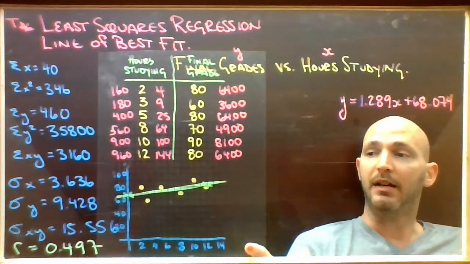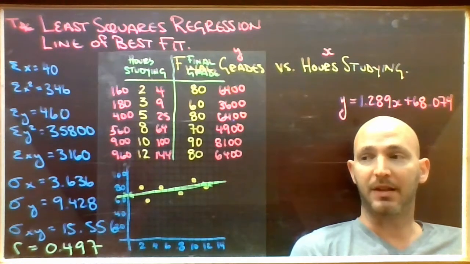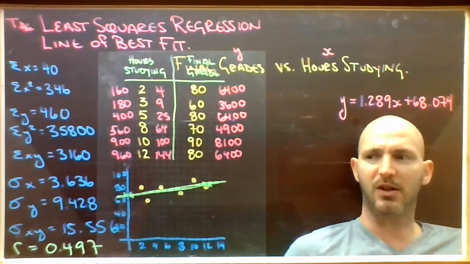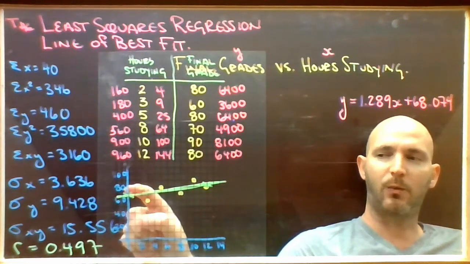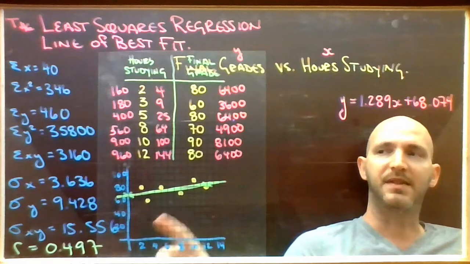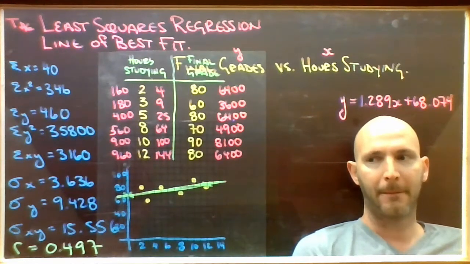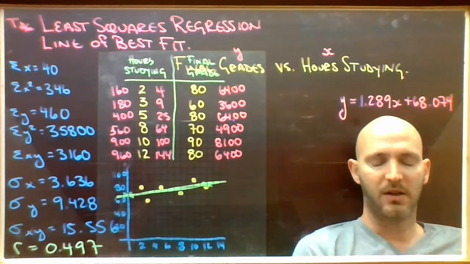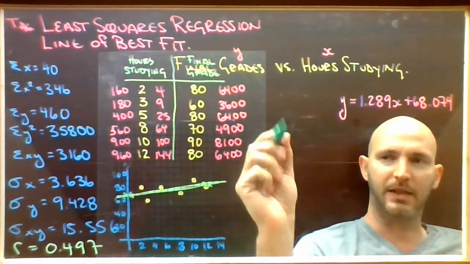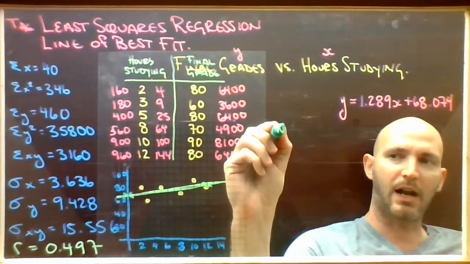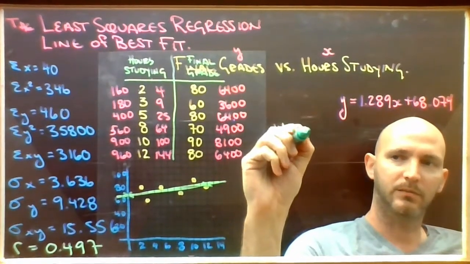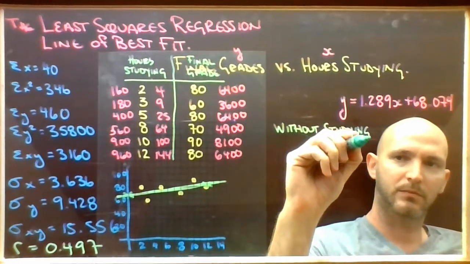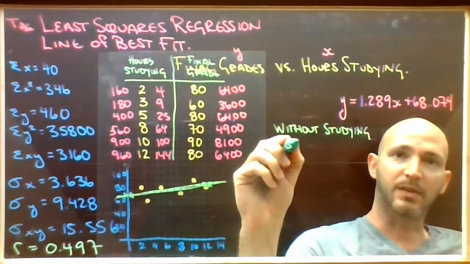So now that I've got this done, I want to think about what this line tells me. First off, at the y-axis here, with 0 hours of studying, a person is getting 68% according to this model. So what it's implying to you is that with no hours of studying, a student starts with 68.